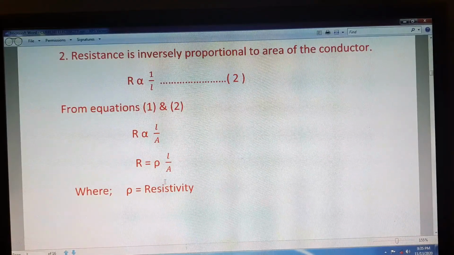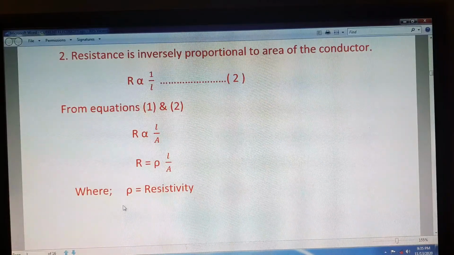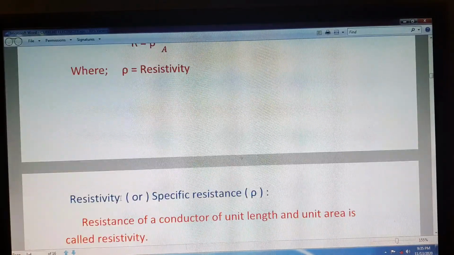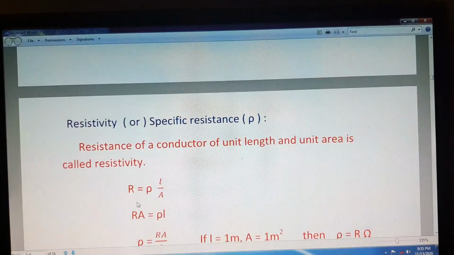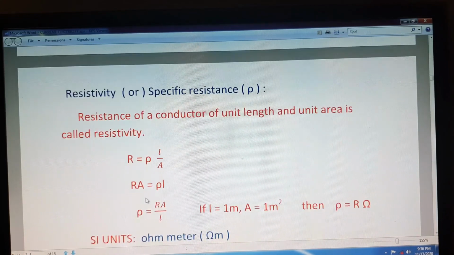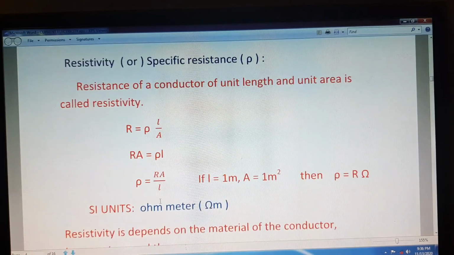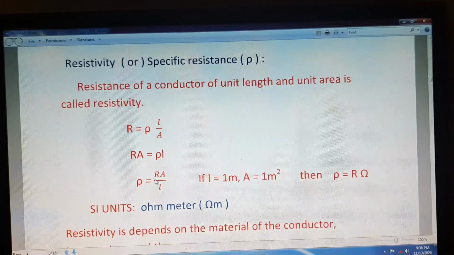resistivity, also called specific resistance. What is the meaning of resistivity, or the definition of specific resistance? From the equation R is equal to rho L by A, we get R A is equal to rho L, so rho is equal to R A by L. If length L is equal to 1 meter and cross-sectional area is equal to 1 meter square, then rho is equal to R ohms.